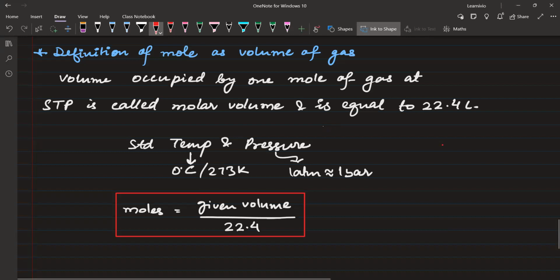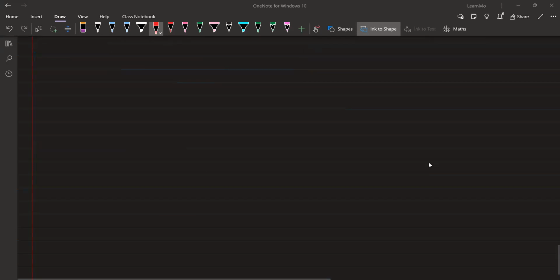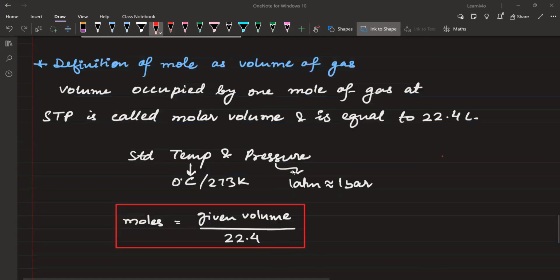All of you done writing? So please see. Saima and Zainab? Yes, sir. Let's suppose we are having a question like this. What is on the pressure side? 1 atm, and it is also equal to 1 bar. Bar is also a unit for pressure.